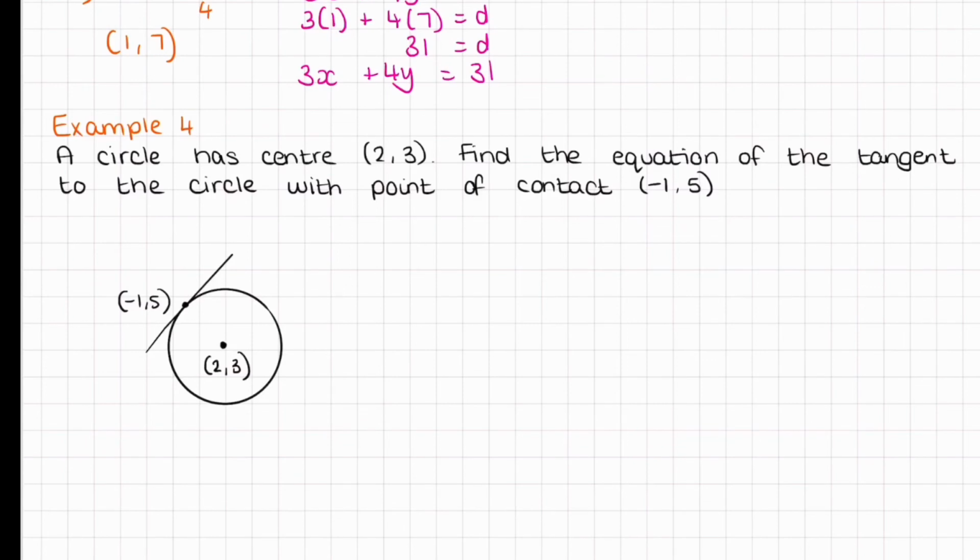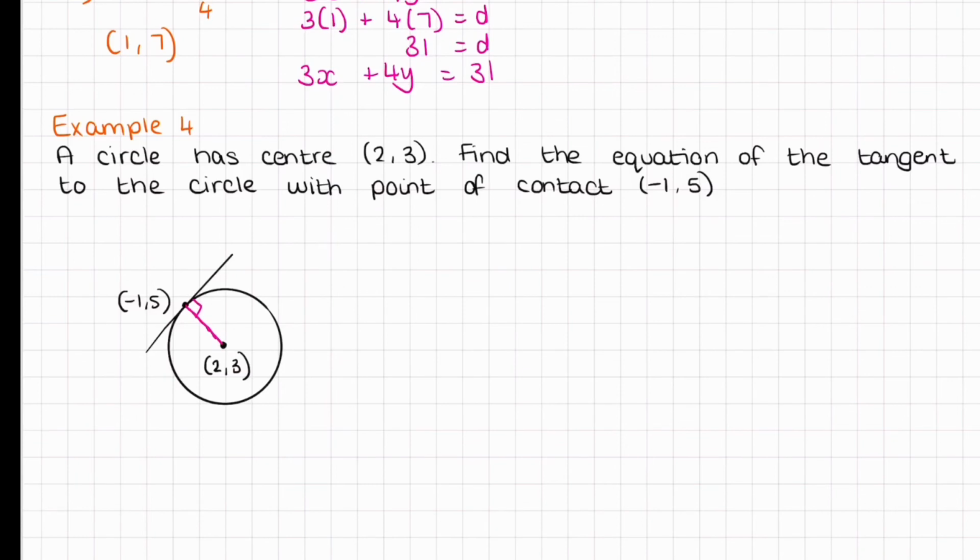Now we want to find the equation of that line. If we were thinking about this on coordinates, to find the gradient of that line, first of all, we need to find the gradient between the 2 points. Because if you look, the tangent and the line between the 2 points are actually perpendicular to one another.